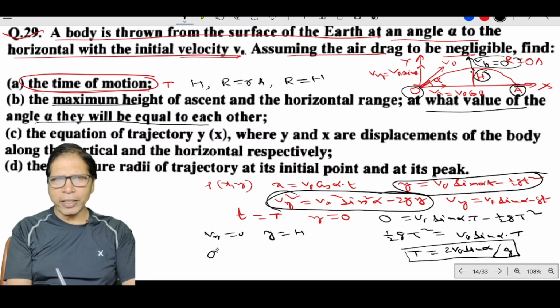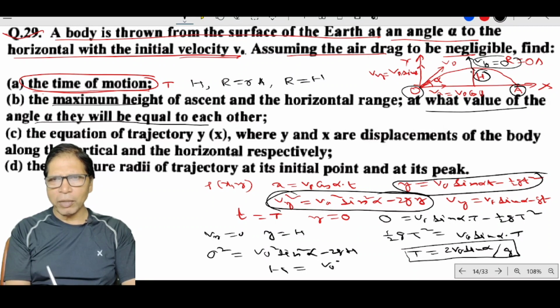So 0 square equals v naught square sin square alpha minus 2gH. So the maximum height H equals v naught square sin square alpha divided by 2g.